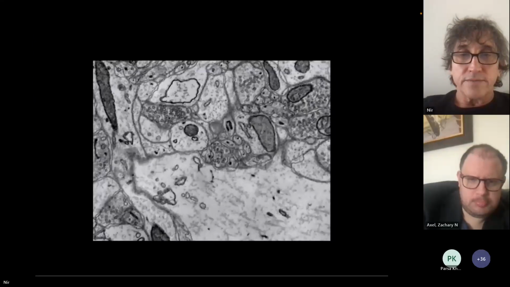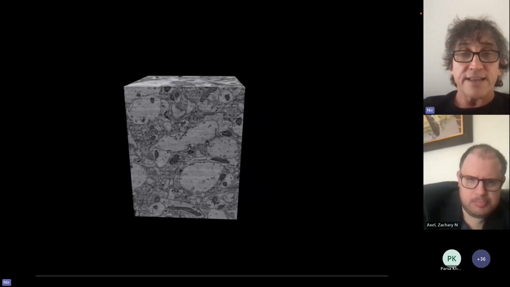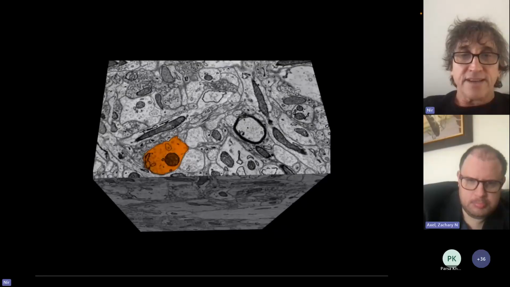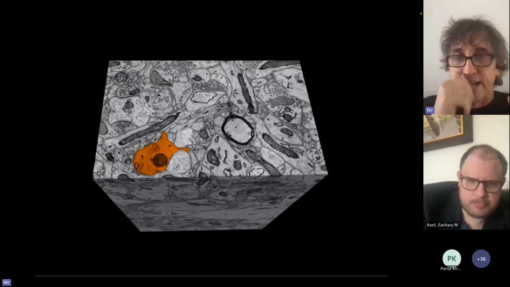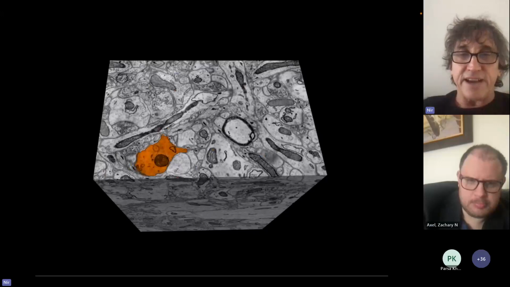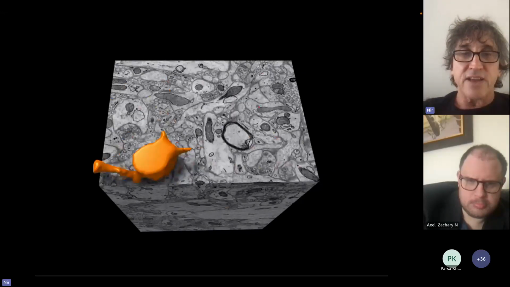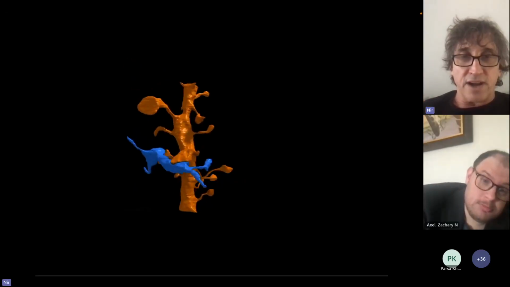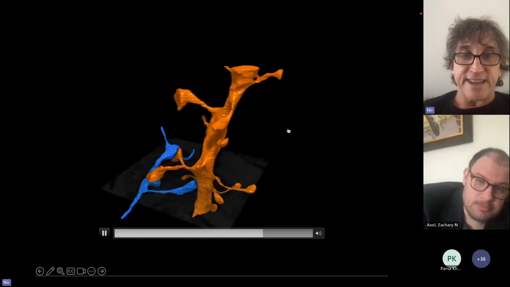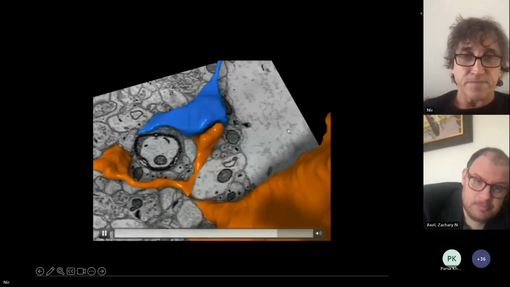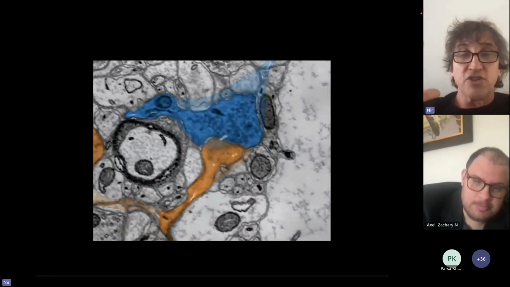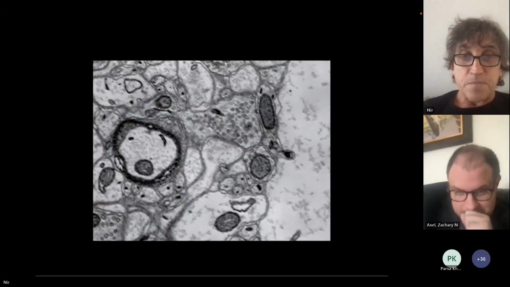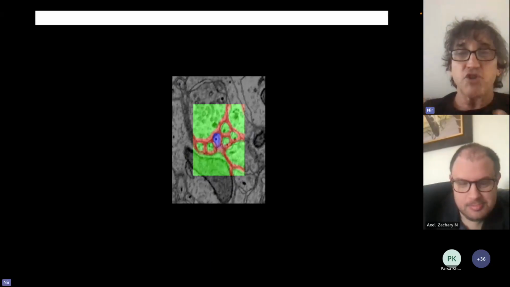So if we take a block like this, a much smaller block, and we take the slices and we use a machine learning algorithm to identify the neuron through the slices, then we can reconstruct the whole thing, the neuron, the synapses and everything. So from the slices to these neurons. And we do that with machine learning.